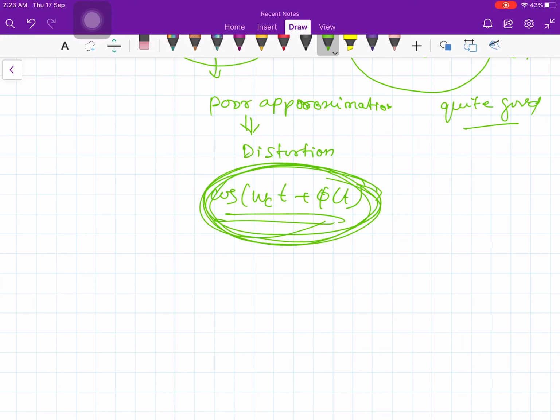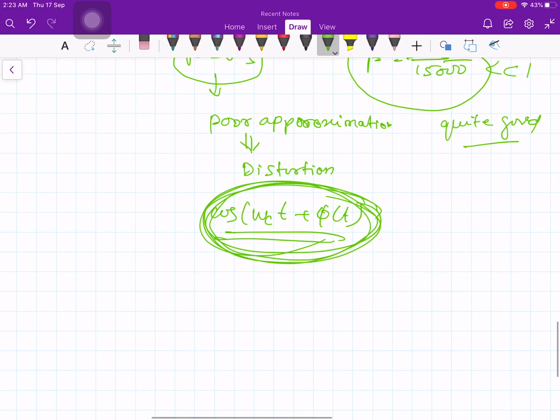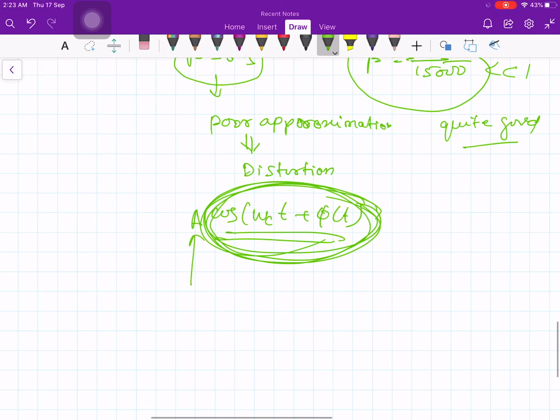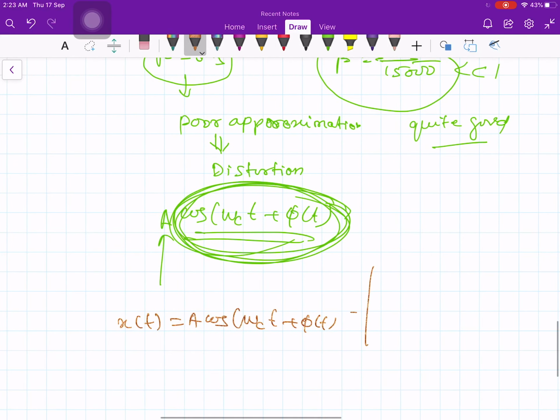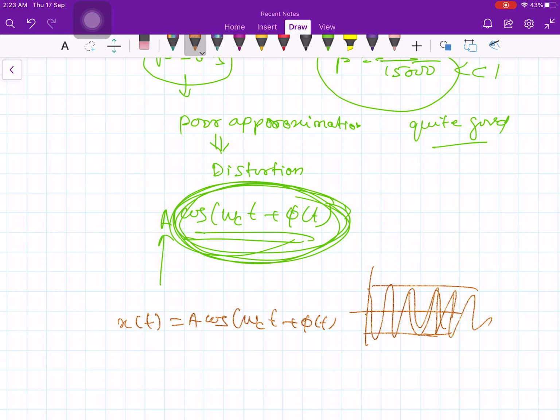The original signal has constant amplitude. Look here, this has a constant amplitude. What is my original signal? x of t is equal to a times cos of omega ct plus phi of t. If you plot it, it has constant amplitude. Only the frequency keeps changing, but the amplitude is not changing.